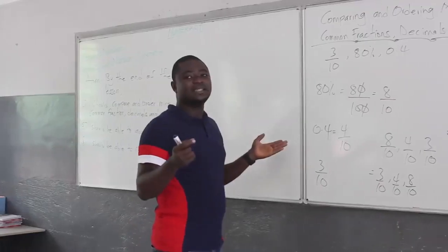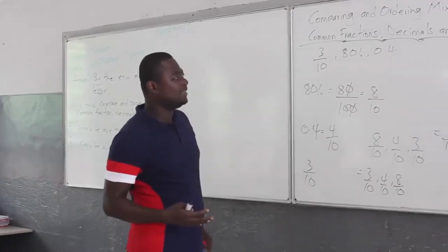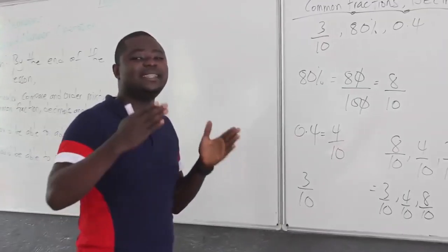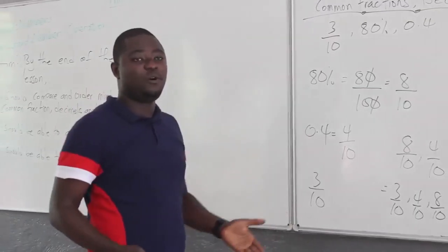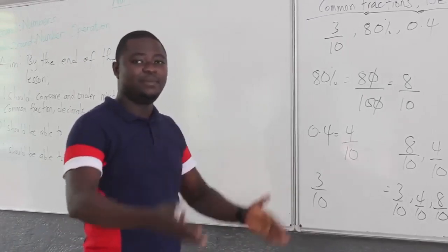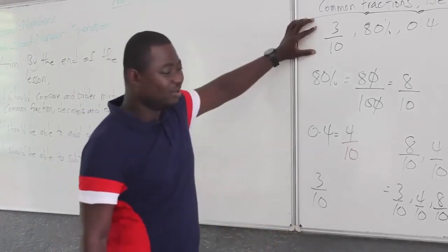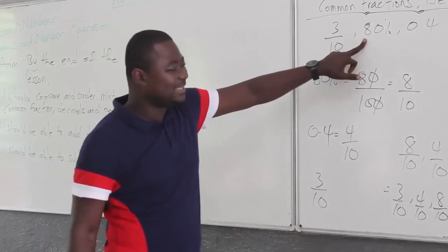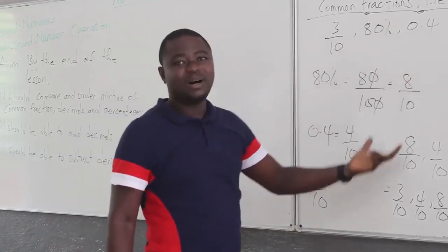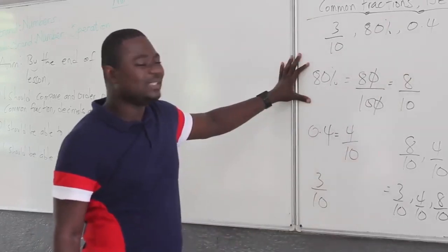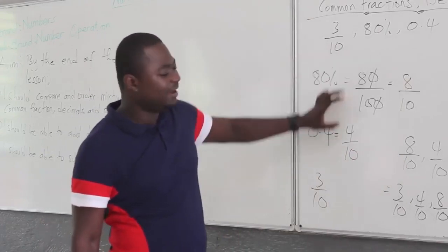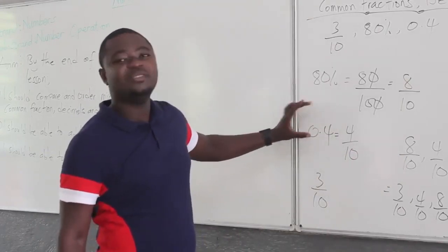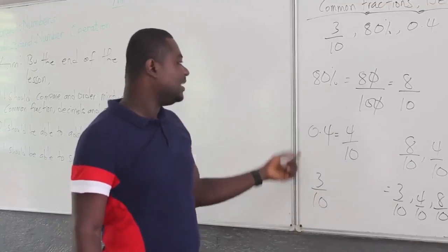If you are given the question, you have to make sure you change them into one form. And here we are changing them into a fraction. This is already a fraction. You change the percentage into a fraction, the decimal into a fraction. So 80% into a fraction is 80/100. 0.4 into a fraction is 4/10.